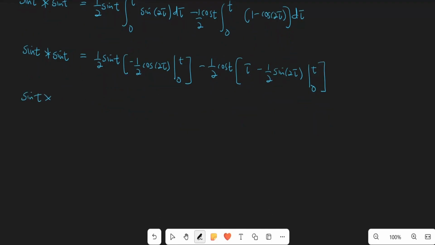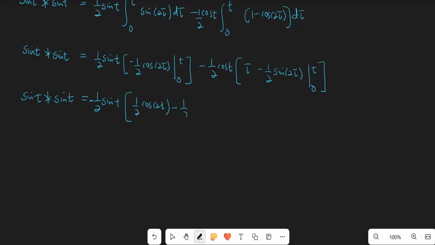The sine of t convoluted with sine of t, this one is equal to 1/2 sine of t. And now this negative, I'm going to bring it out because it's difficult to be handling negatives when you are subtracting. And now we are going to have 1/2 cosine of 2t, that is the upper limit, minus, when you plug in the lower limit, what do you get?